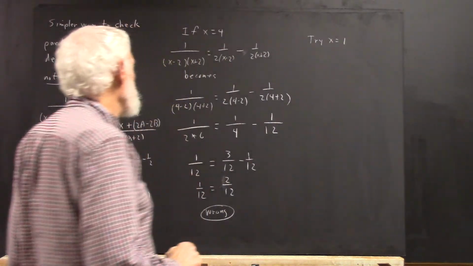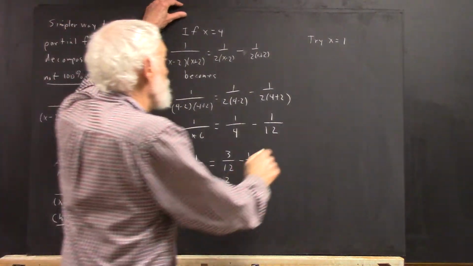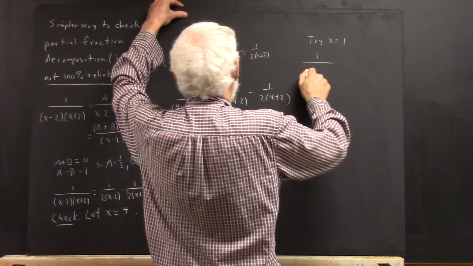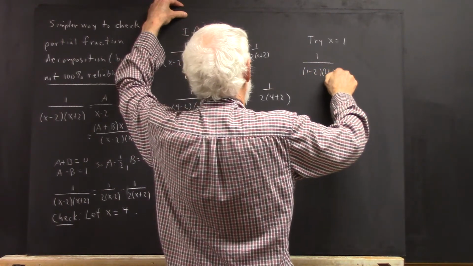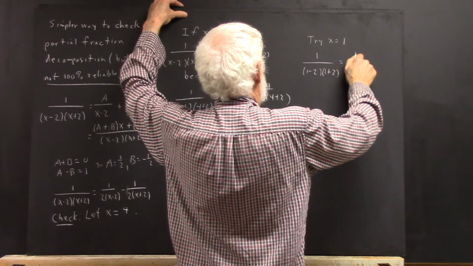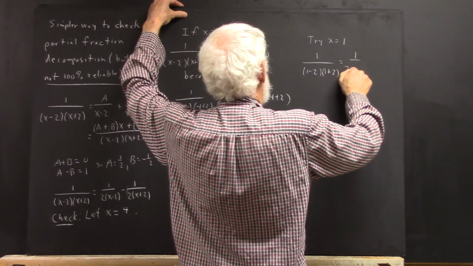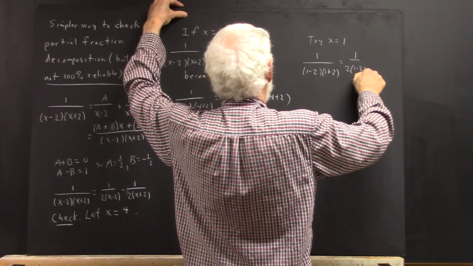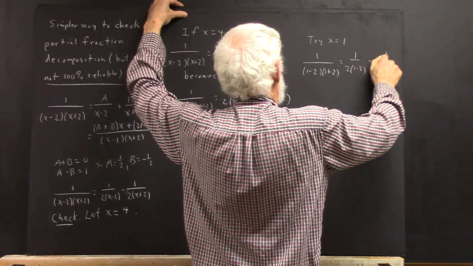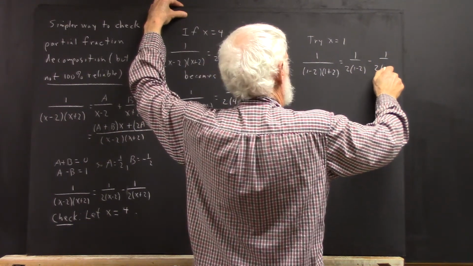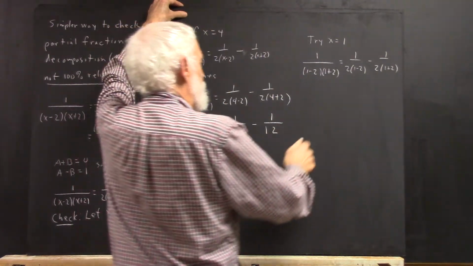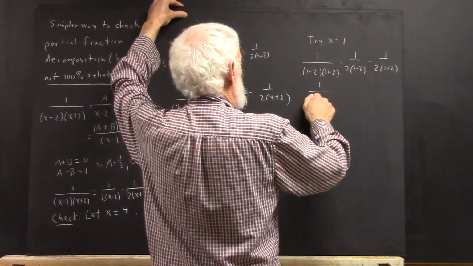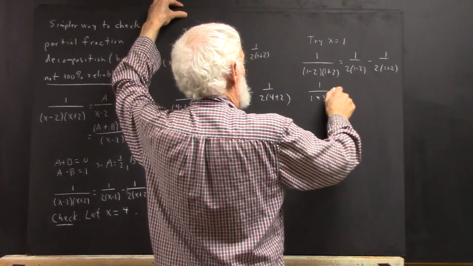If we try x equals 1, then this expression becomes 1 over (1 minus 2) times (1 plus 2) equals 1 over 2 times (1 minus 2) minus 1 over 2 times (1 plus 2). Okay, well that's going to be 1 over 1 times 3.